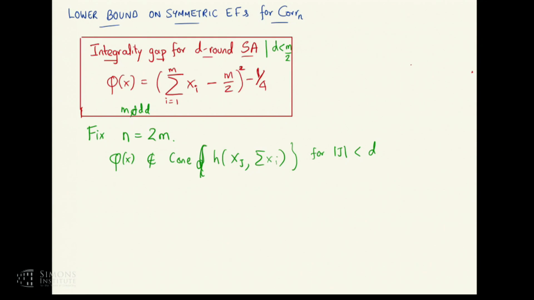Okay, and that will imply the lower bound on the symmetric extended formulation. So suppose not. Suppose phi is in the cone, right? So phi is actually in the cone. So let's say phi of x is equal to a sum of a bunch of functions of this type.